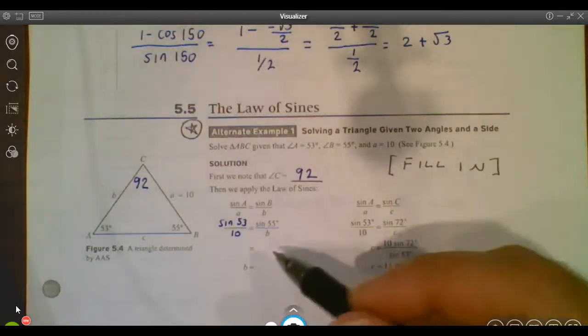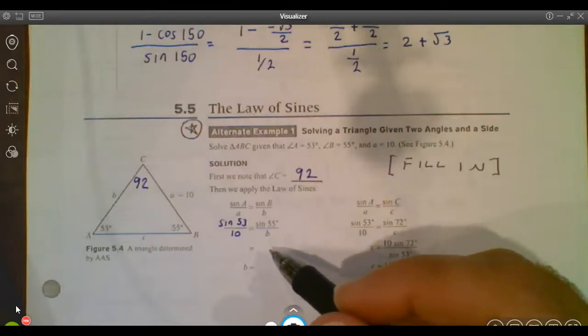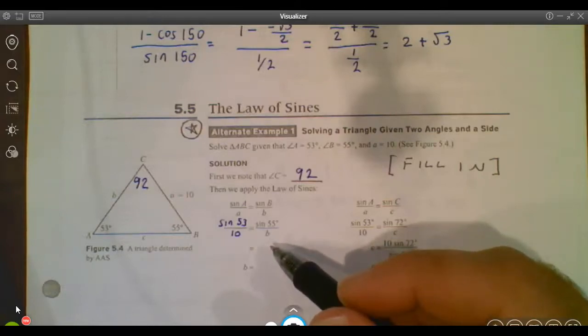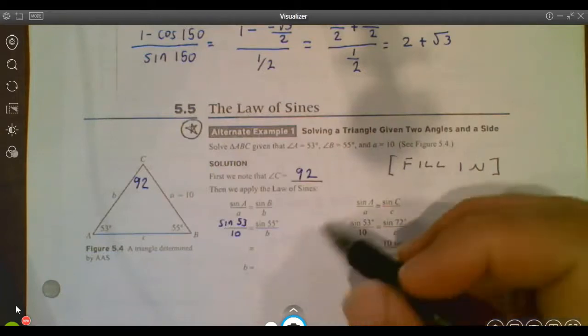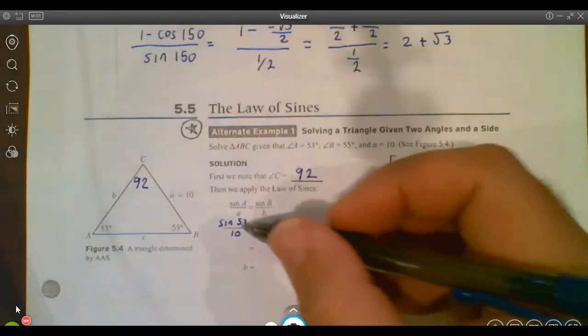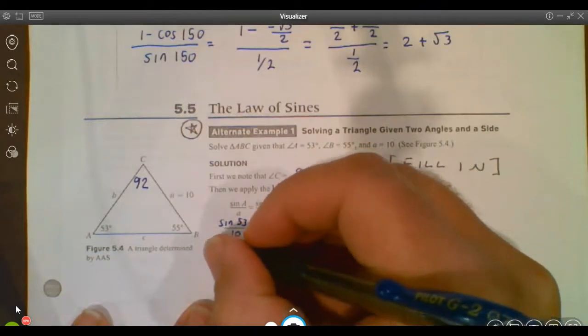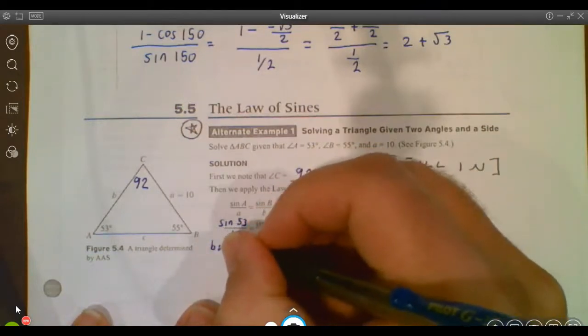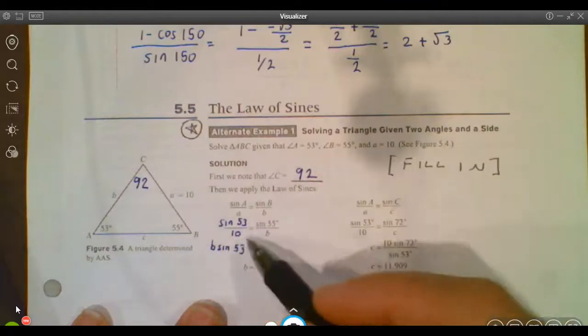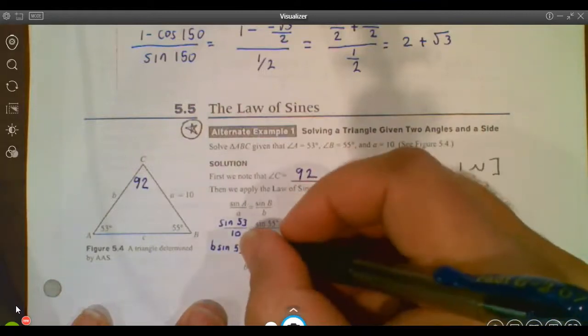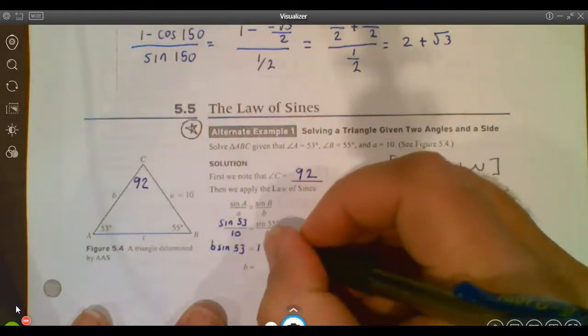Oftentimes people really prefer to cross multiply in order to solve a proportion like this, so we'll take that route. I'm going to multiply b over to the left, so b sine 53, and I'm going to multiply my 10 over to the right, so 10 sine 55.